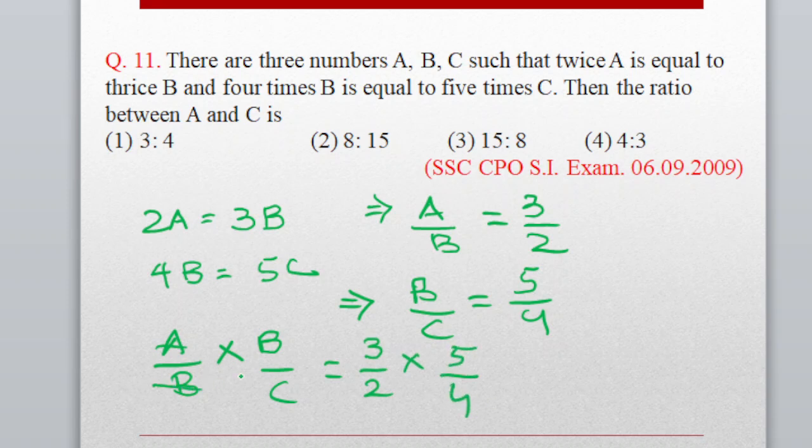So here this B cancels this B. Now this implies A by C is equal to 3 5s are 15 and 2 4s are 8, so 15 by 8. That means option 3 is the right answer.